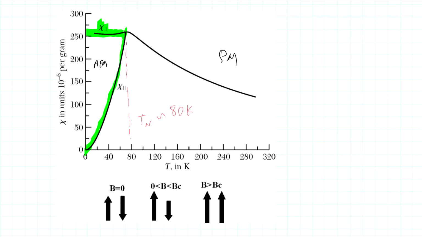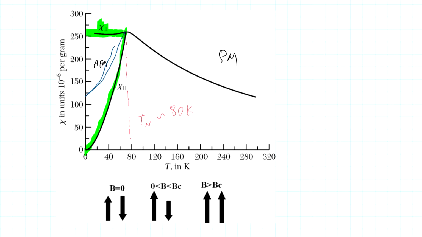As I said before, in a powder sample, what is powder? Powder is not a single crystal. Like sand, you have many crystals with a random orientation of magnetization. So some will be perpendicular, some will be parallel, some will be random. So for those samples, the susceptibility is somewhere in between, somewhere here.